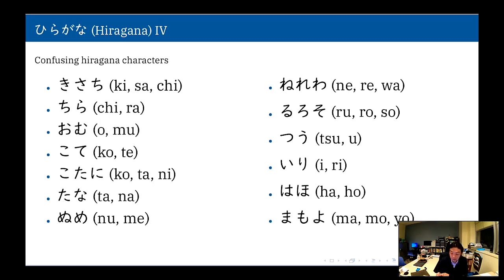So this shows some confusing characters. These are the characters people typically have trouble with. This one and this one actually look very alike. The first one is ki. This one is sa. This one is chi.